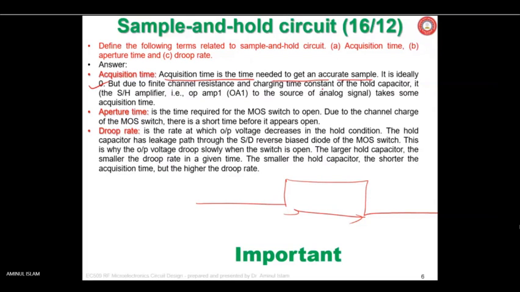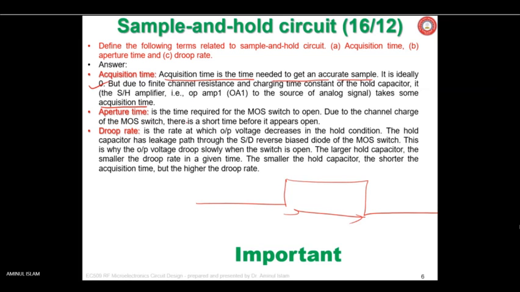After all, electrons are flowing through semiconducting material, and semiconducting material is not a good conductor, so resistance will be there. So due to the finite channel resistance and charging time constant of the hold capacitor, it takes some acquisition time. Okay, immediately you cannot sample it. Some finite time is required.